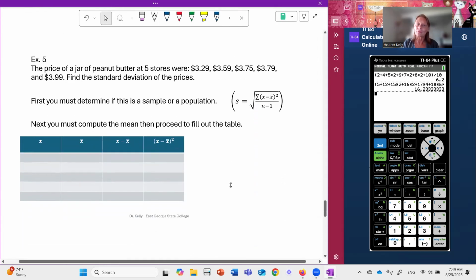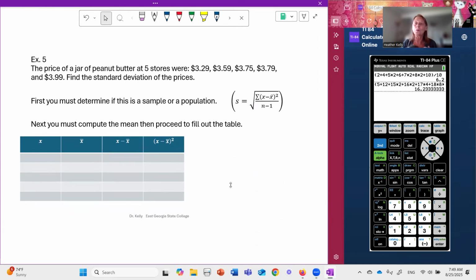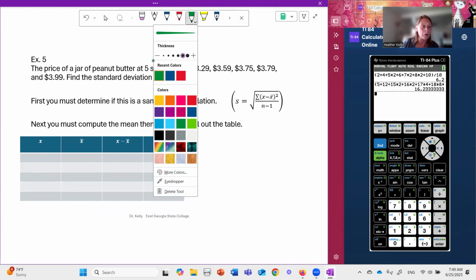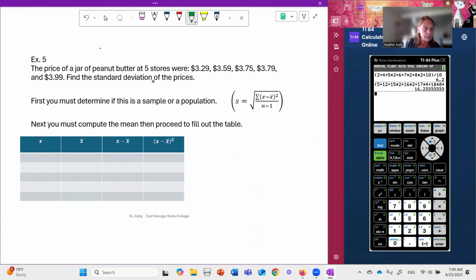Don't freak out. This is the little table that I like to use to keep my thoughts organized when I'm doing standard deviation, and I want you to be sure that you understand all these pieces. These are the data points: each data point is an X. This is the mean, the X bar.